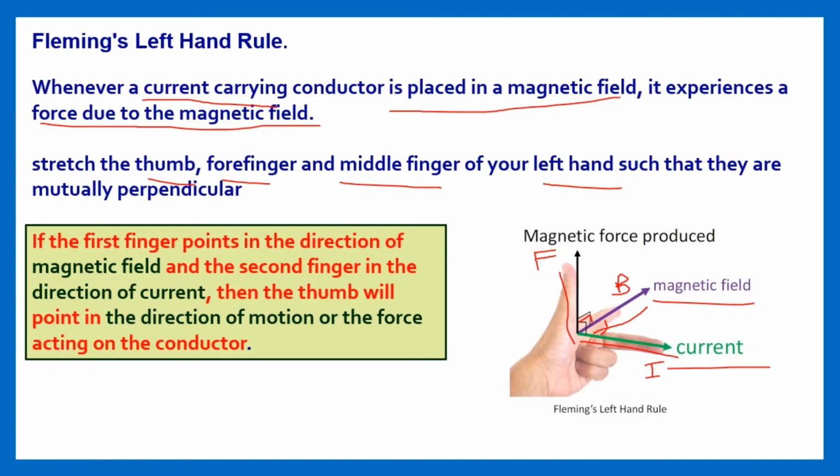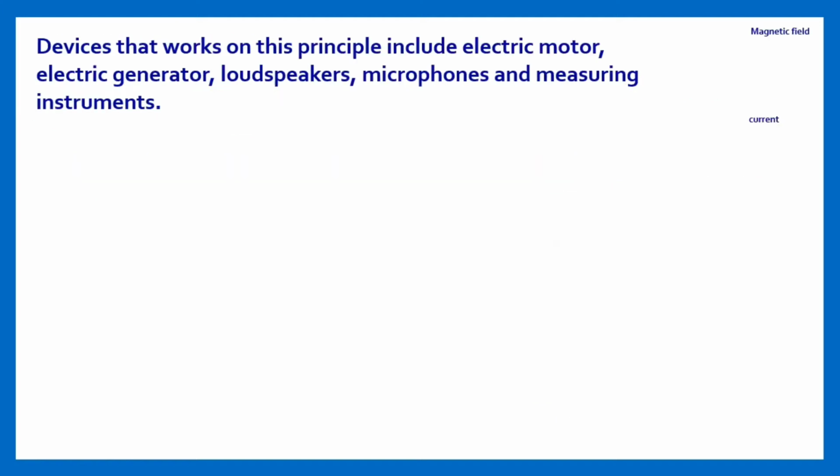Simply you can write FBI, so it will be easy for you to put them into sentences. F means magnetic force, B means magnetic field, I means current. So if the first finger points in the direction of magnetic field, the second finger points in the direction of current, then your thumb will point in the direction of magnetic force. That is our Fleming's left hand rule.